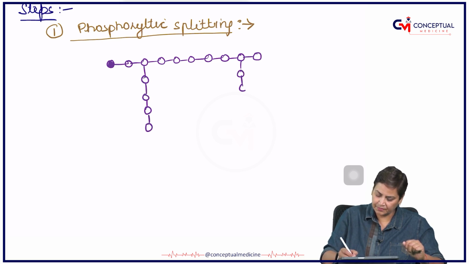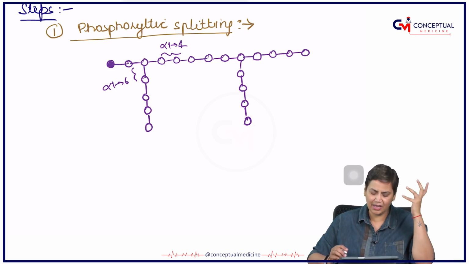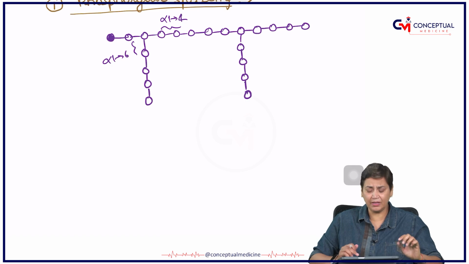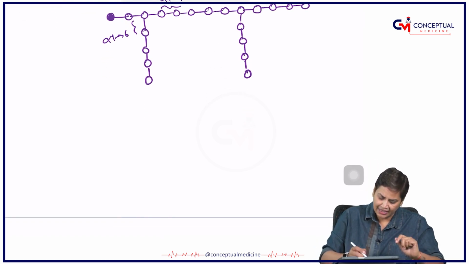This is alpha 1,4 highly branched. So, this is alpha 1,4 and this is alpha 1,6. We can elaborate it further also. I am just giving you an idea of how it is occurring. Now see, what will happen? Glycogen is having n number of glucose molecules.